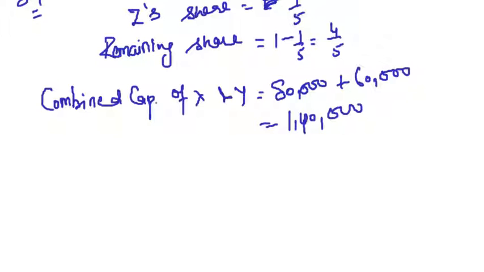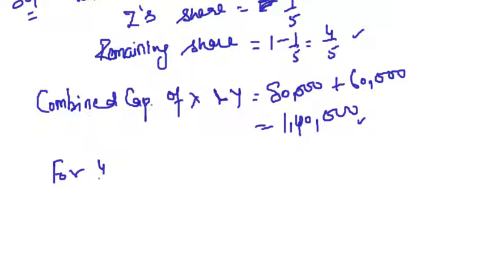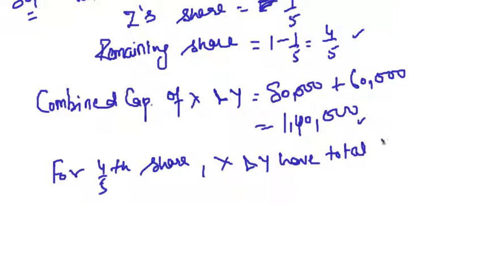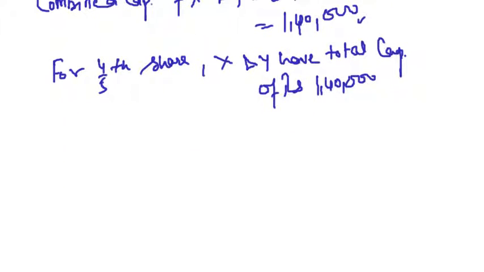For this 4/5 share they have the capital of 1,40,000. Clear? If this 1,40,000 is for 4/5 share, we can calculate the total capital.